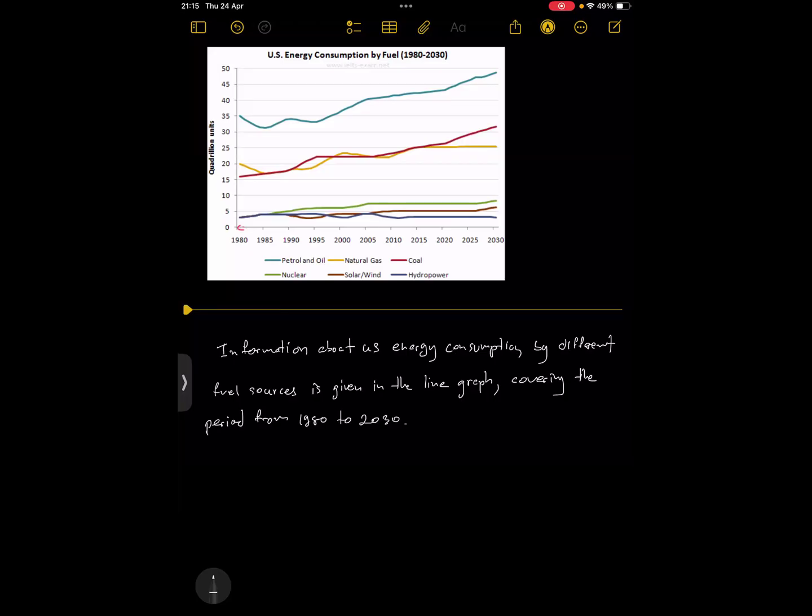All right, so that's how you do it. Information about the US energy consumption by different fuel sources is given in the line graph, covering the period from 1980 to 2020. See, simple.